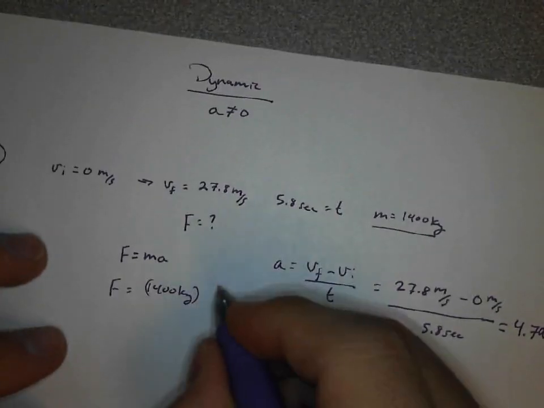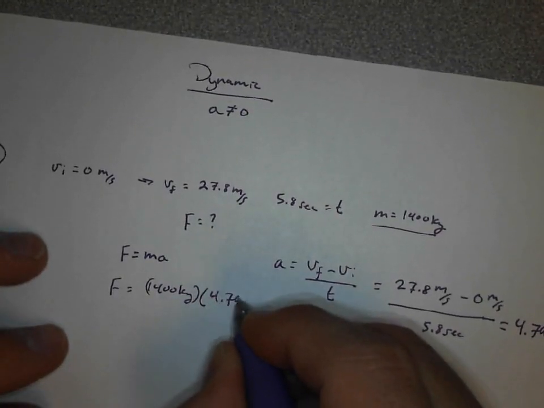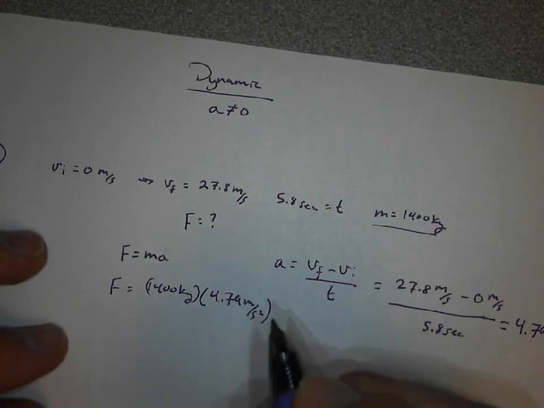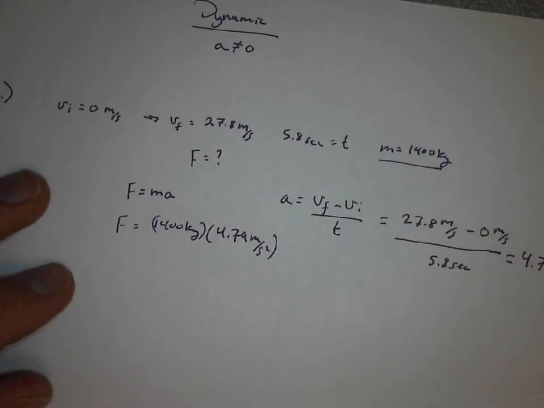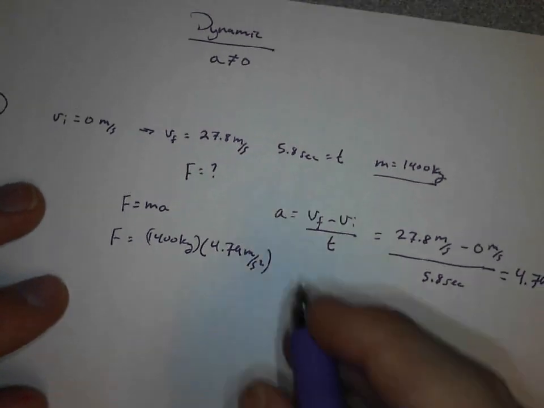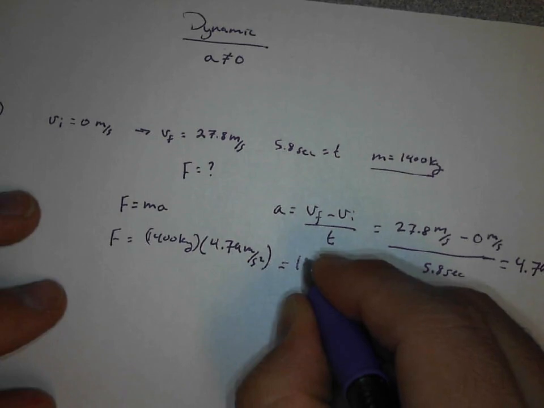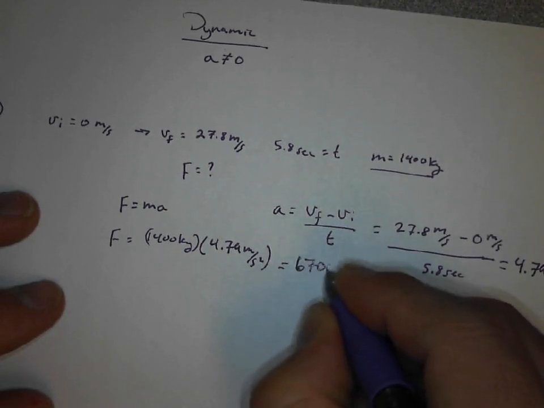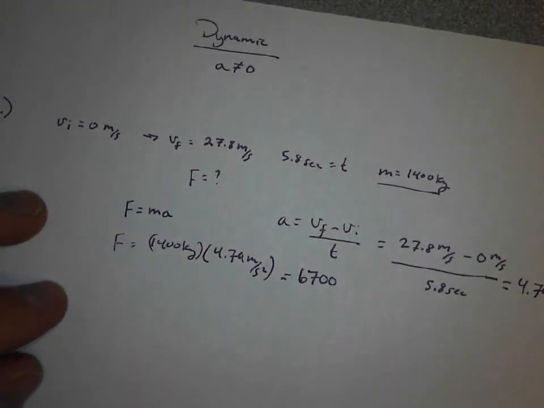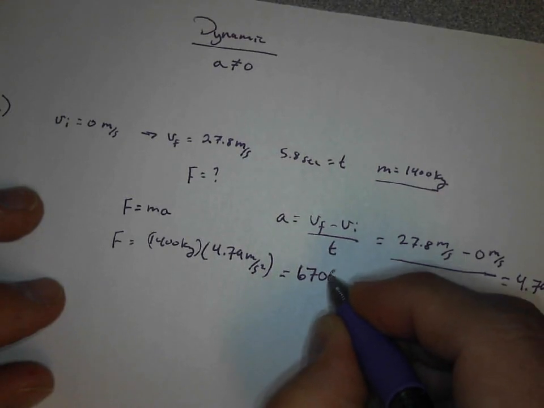Now at that point, that's what we plug in for our a, 4.79 meters per second squared. You're going to take that 4.79, times it by the 1,400, and you get a value of 6,700 newtons, roughly. It's actually 6,706.